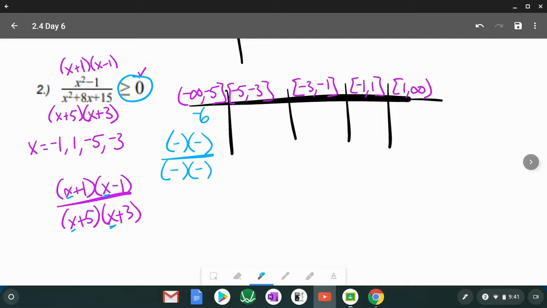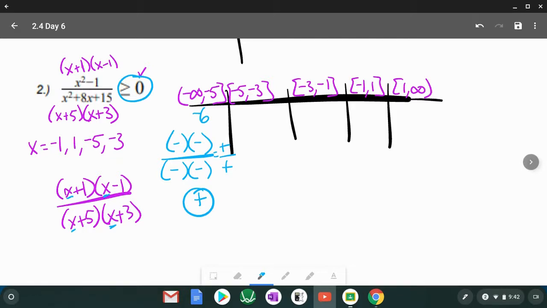And the nice thing about polynomial inequalities, when they can factor, and rational inequalities, when they are factored, everything's being multiplied or divided. And again, because we're comparing it to 0, all we care about is positive or negative. So in this case, we have a positive over a positive. So your whole output would be a positive, which is what we're looking for. So the -infinity to -5 is part of our solution set.